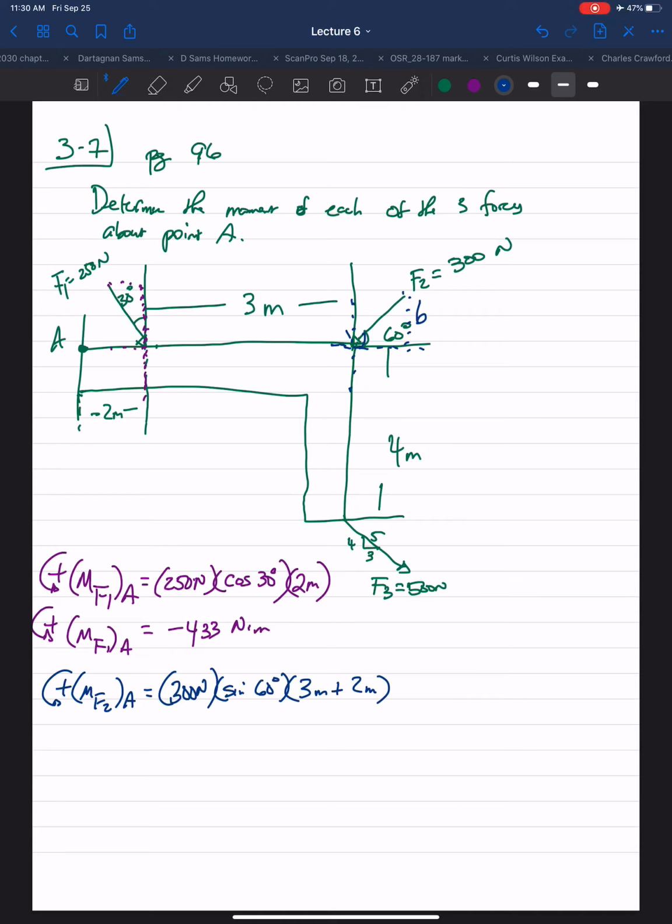That's the perpendicular distance between F2 and A. And once again, with F2 pushing downward and to the right of point A, it's causing a clockwise rotation, which means it's negative. Multiplying this out, this comes to be about 1299 Newton meters.